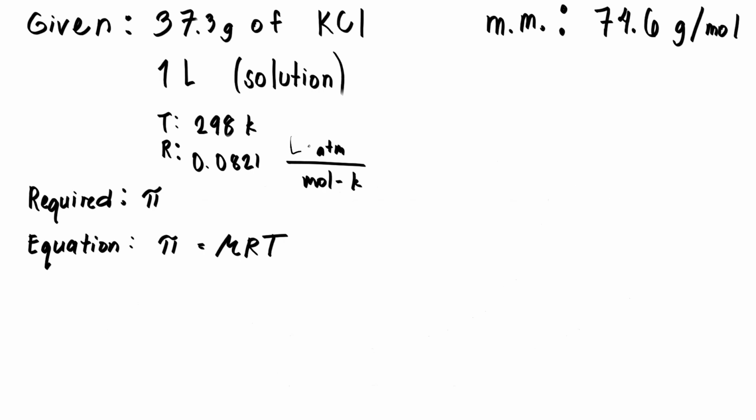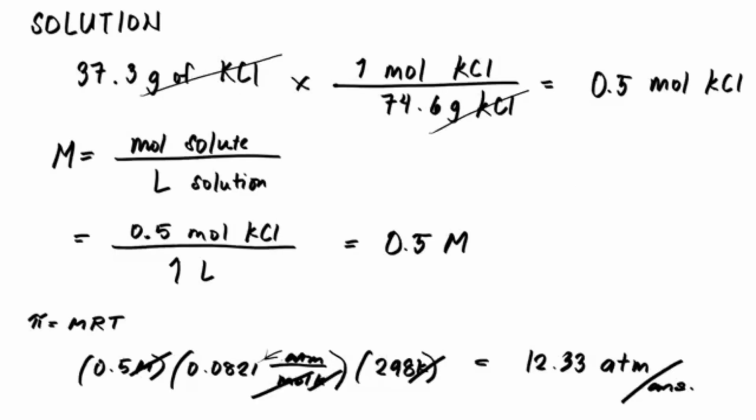So of course, the required is osmotic pressure, and we're going to use the equation for osmotic pressure. Pi is equal to M multiplied by R multiplied by T. So let's start. 37.3 grams of potassium chloride times 1 mole of potassium chloride over 74.6 grams of potassium chloride is equal to 0.5 mole of potassium chloride.